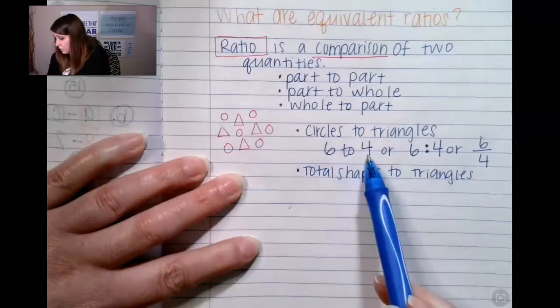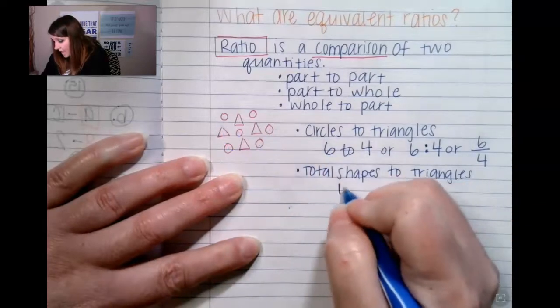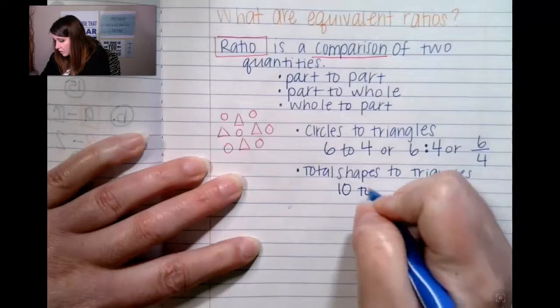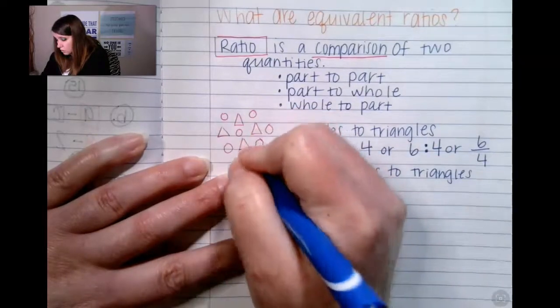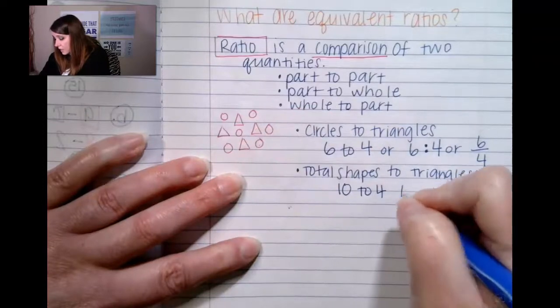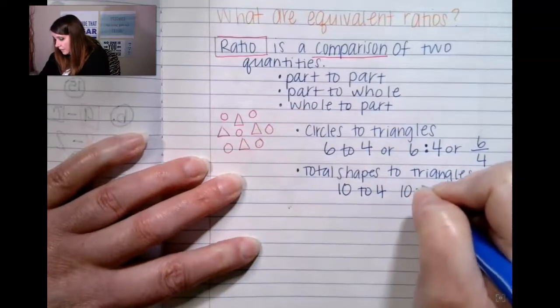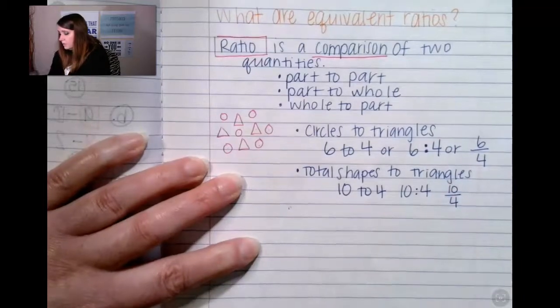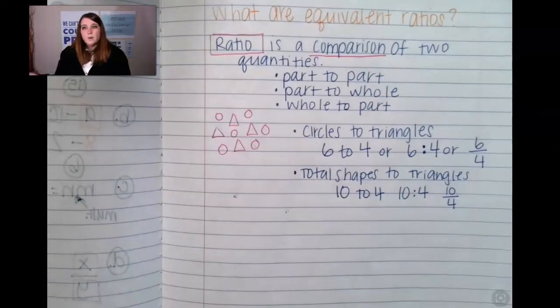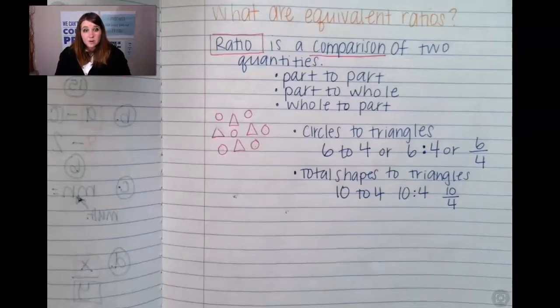Well, 6 plus 4 gives me 10. 10 total shapes to the 4 triangles, same 4 triangles. And I could again write it any of these ways. Okay, so that is how you compare ratios.